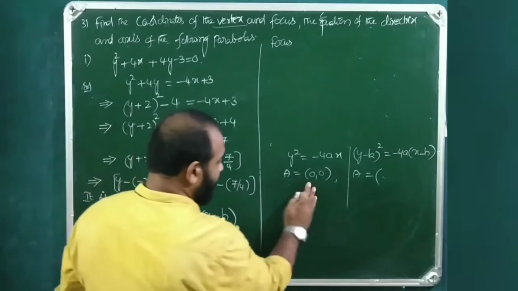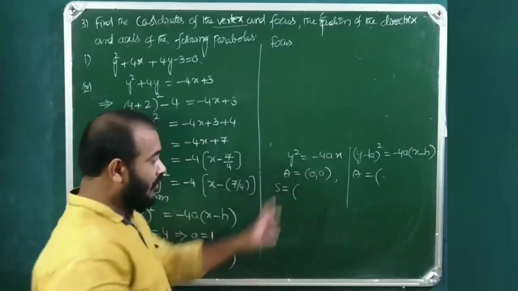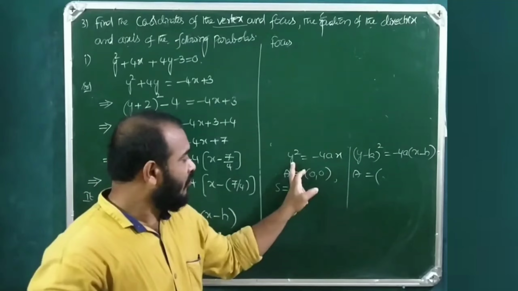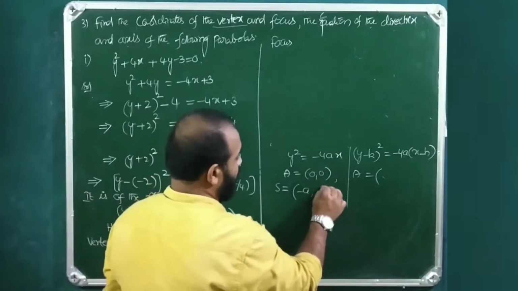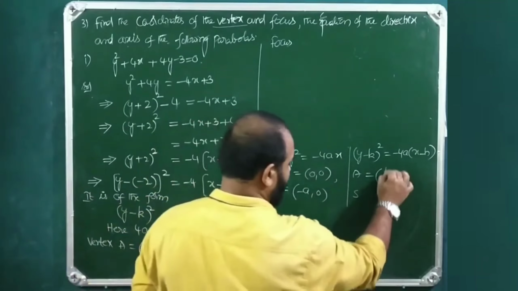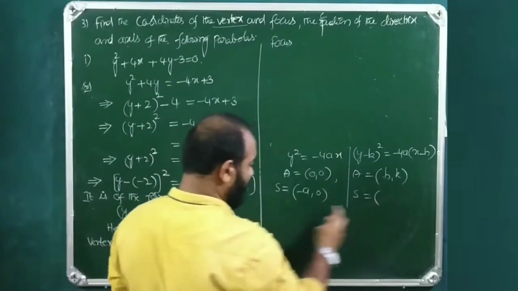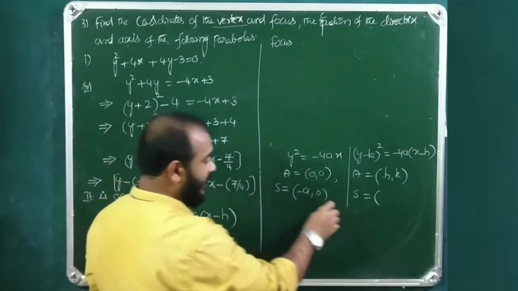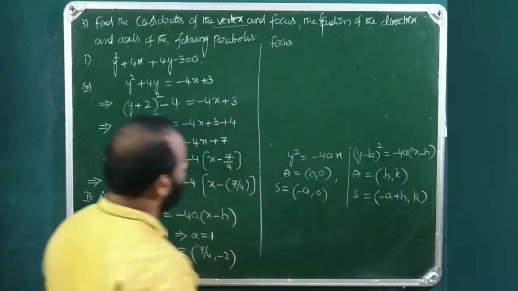And for this, what is the focus? Focus S is equals to, for y square equals to 4ax, a comma 0. For y square equals to minus 4ax, it is minus a comma 0. But here, with the x coordinate, h will be added, with the y coordinate, k will be added. So minus a plus h comma k.